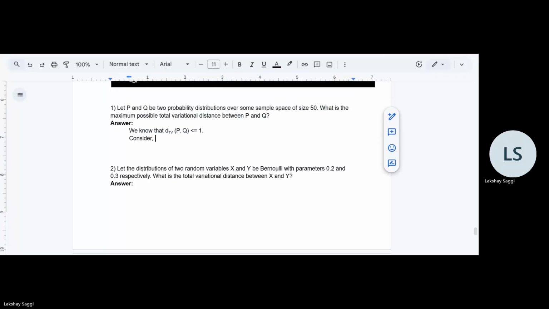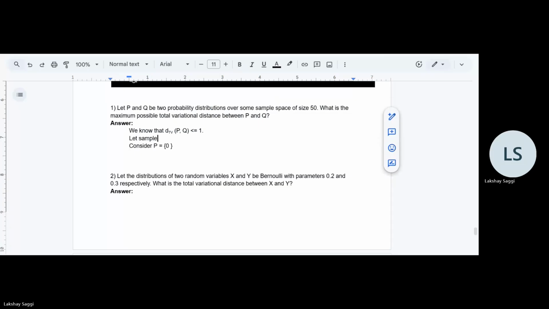Consider the distribution P. The sample space is of size 50, so let the sample space for P and Q be S1 as state 1, S2 as state 2, and so on till S50.